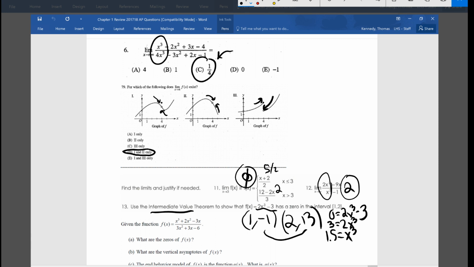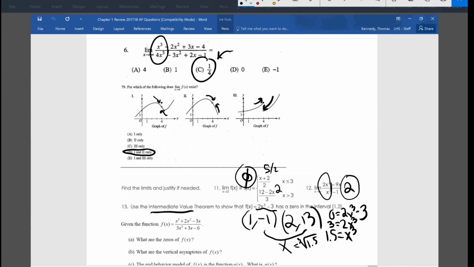And so the cube root of 1.5 would be the x value where this is true. So a little grody, but that's how the intermediate value theorem works. There are all the y values in between. Just use it to show that. And you need to have a continuous function to do this.